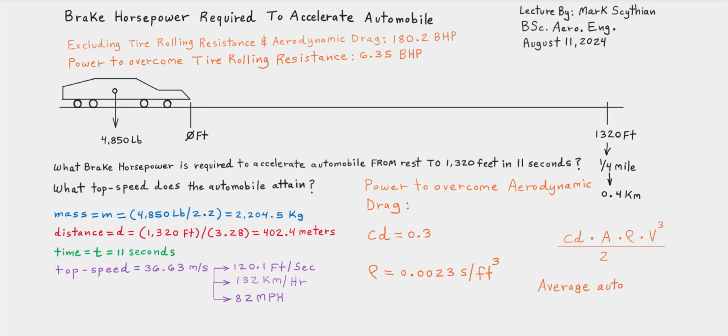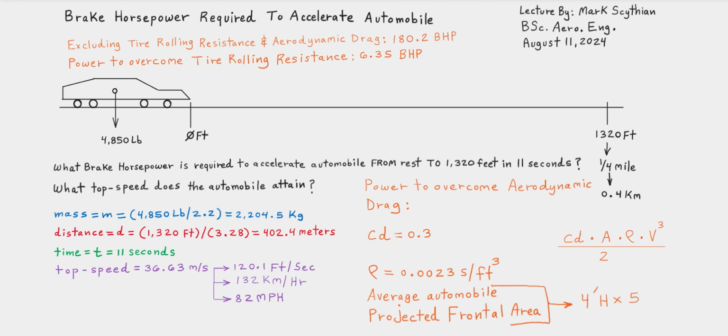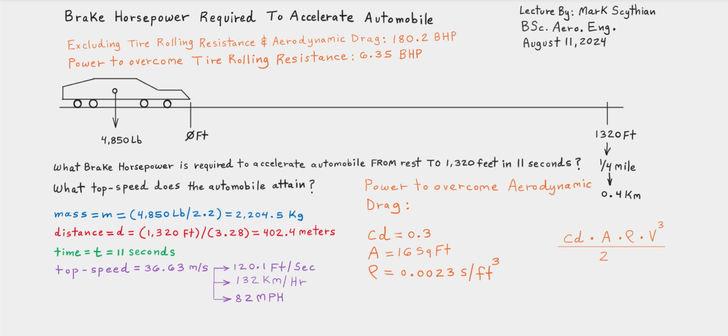So then the average automobile projected frontal area is a 4-foot height by a 5-foot width times 0.8, which translates to 16 square feet of projected frontal area. And then lastly, we have the final velocity of 120.1 feet per second.